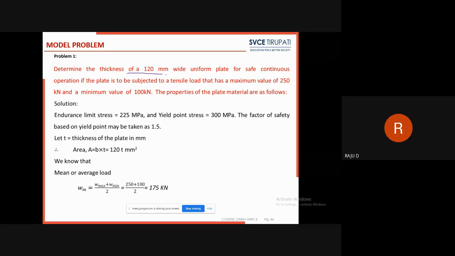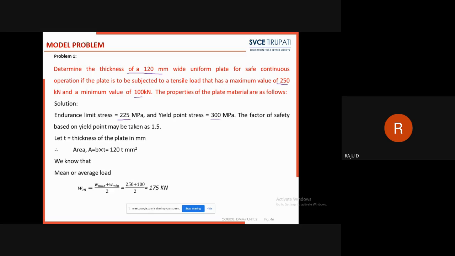They will give one plate whose width is 120 mm, and we have to find the thickness. They will also give the maximum load value and minimum load value, and some standard parameters, that is, the sigma e value and the sigma y value.